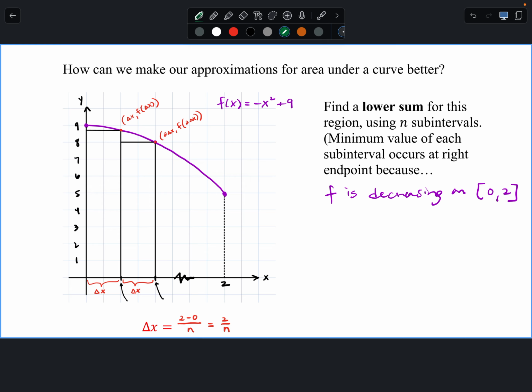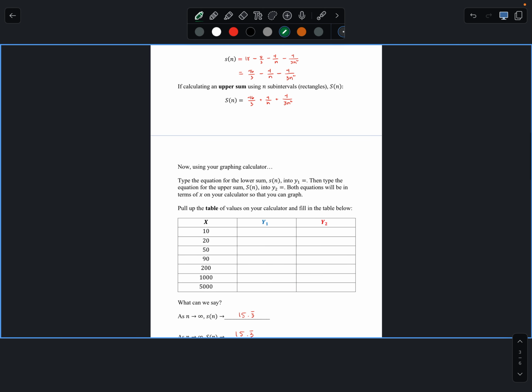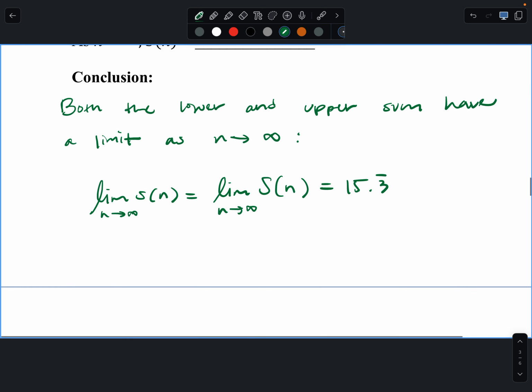Delta x still represents the width of each rectangle. And then these would represent the heights of all of the rectangles. In sigma notation, we can represent this sum like so, where f of c sub i represents the height of each rectangle, and delta x represents the width of each rectangle.